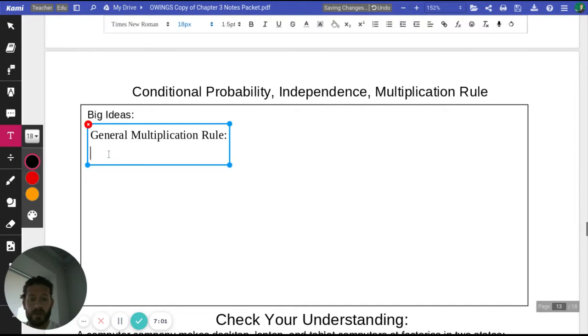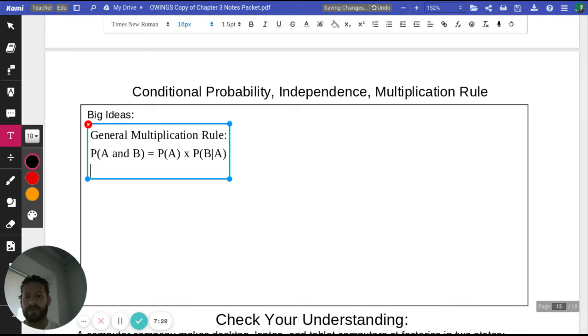So we're going to have the probability of A and B is going to be equal to the probability of A occurring times the probability of B occurring given A has occurred. So that vertical line there for given, that's our conditional rule. If you hit shift and then the key above enter should give you that vertical line.